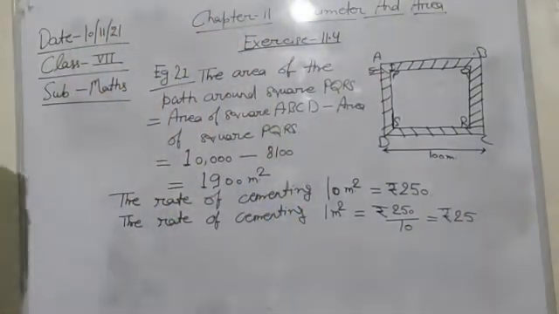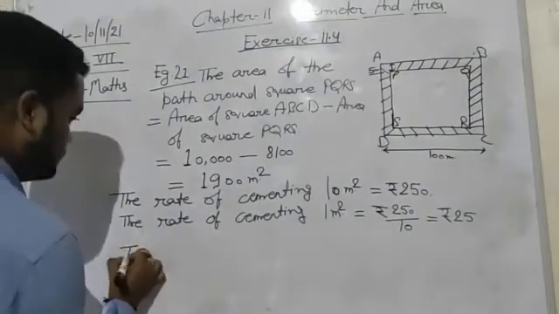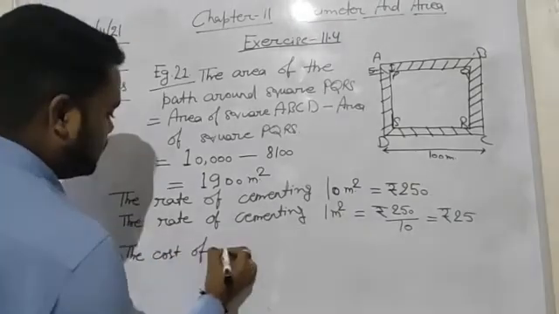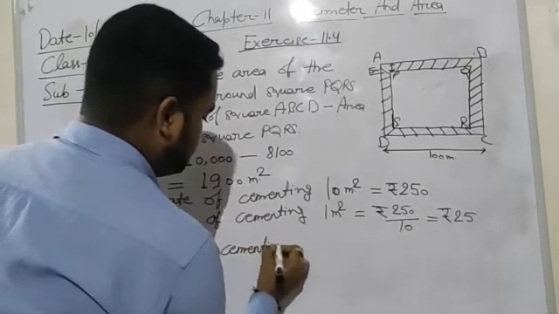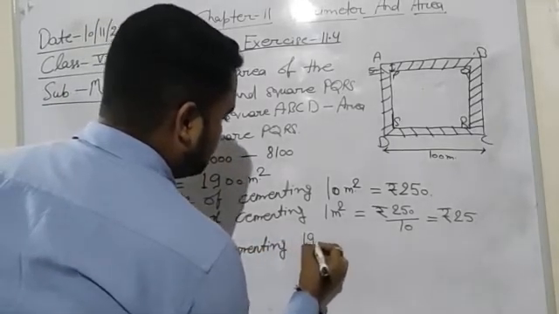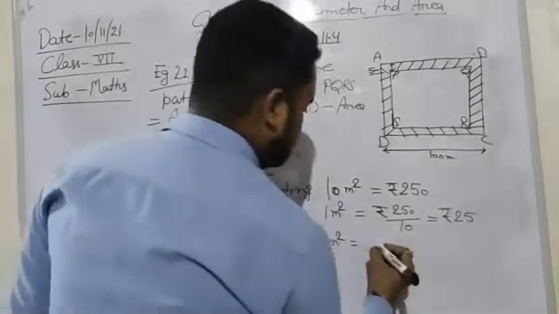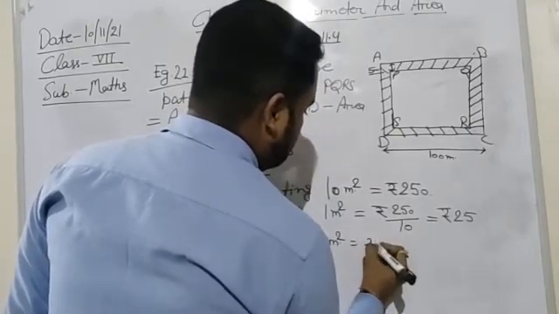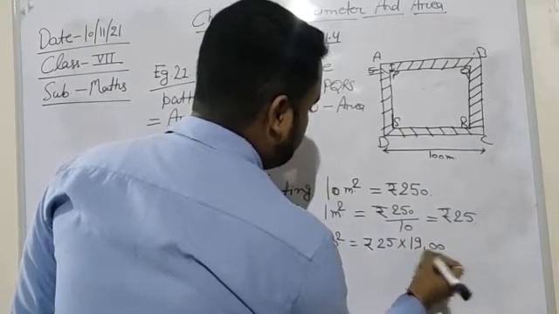Okay. So now, what is the cost of cementing? The cost of cementing 1900 meter square area is rupees 25 into 1900.